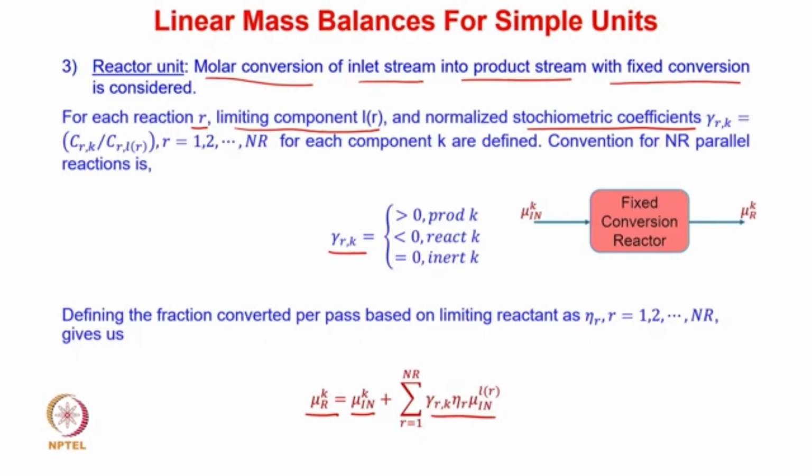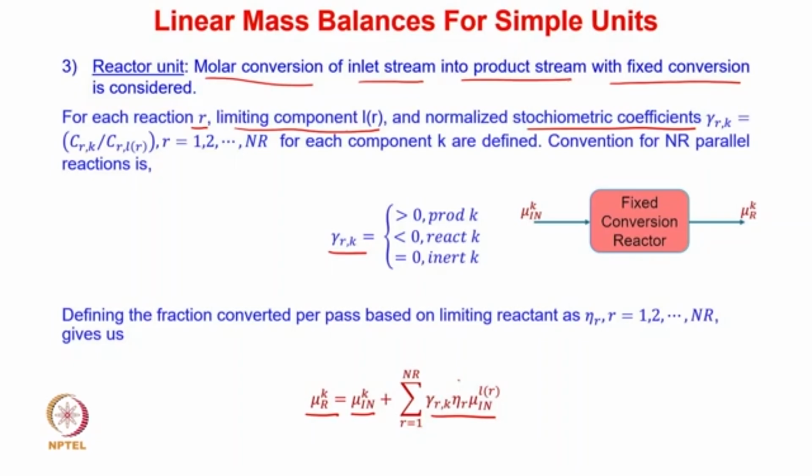So here you can see that this summation is nothing but the summation of gamma RK into eta R into mu in LR. Here gamma RK is nothing but the normalized stoichiometric coefficient of the kth component in the Rth reaction.